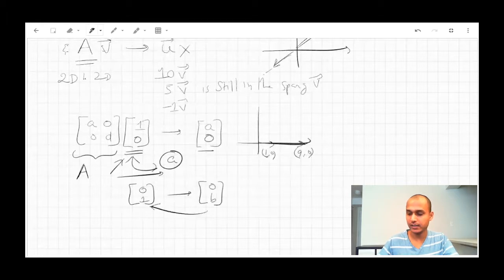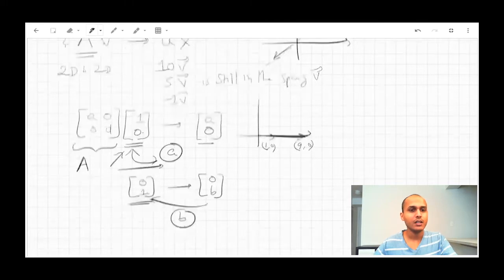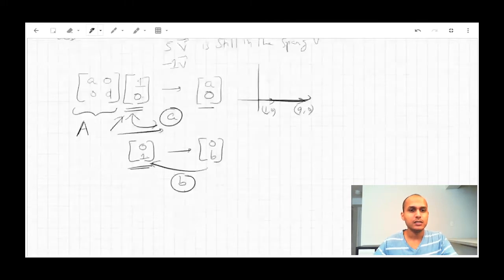So this is also an eigenvector, and b is an eigenvalue. So a and b are the eigenvalues, and 1 comma 0 and 0 comma 1 are the eigenvectors. This is for a special matrix A, which had only diagonal entries being non-zero. So we found two eigenvectors and two eigenvalues for the special matrix.